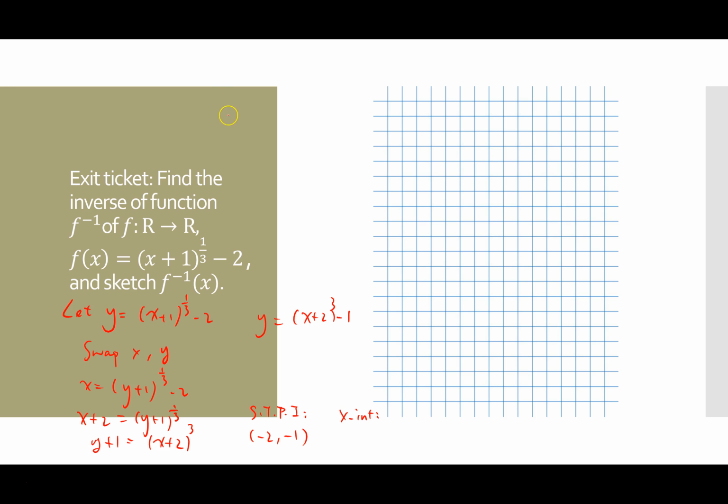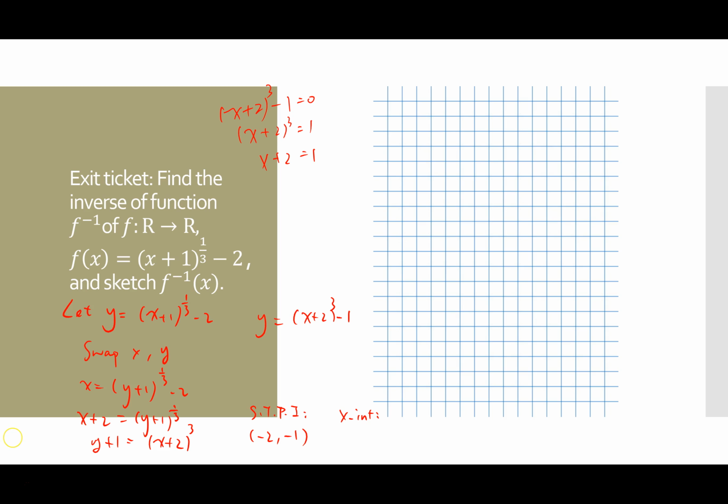It's going to be (x plus 2) to the power of 3 minus 1 equals 0. So (x plus 2) to the power of 3 equals 1. If you take the cube root on both sides, x plus 2 equals 1, which tells you x equals -1.